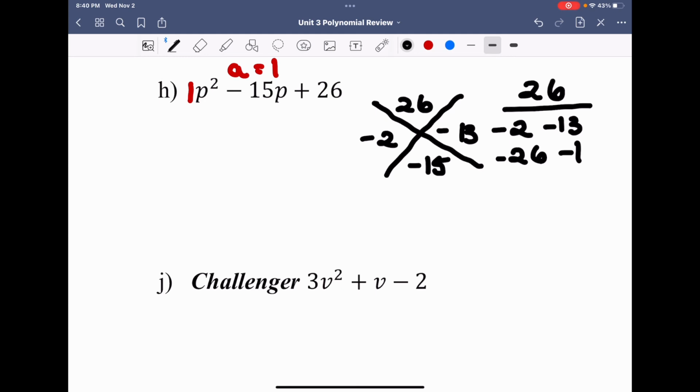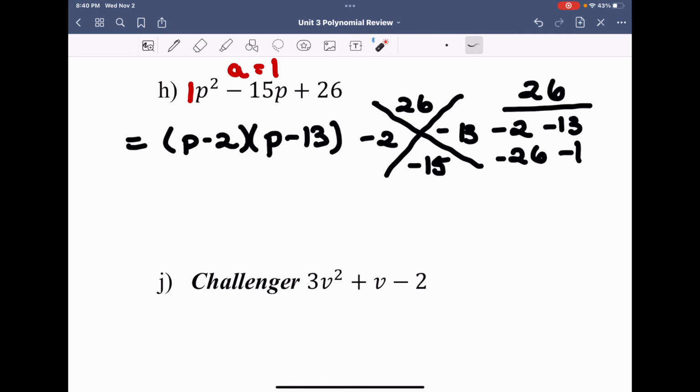So I'm going to use negative 2 and negative 13 and apply these right away as my two factors, p minus 2, p minus 13. Now, the nice thing about these is when you factor them, you should be able to reverse. We've done this before on the previous page. We expand a binomial to get a trinomial. If you want to double check your work, I would expand this binomial by binomial and see if you can get back to that original trinomial.